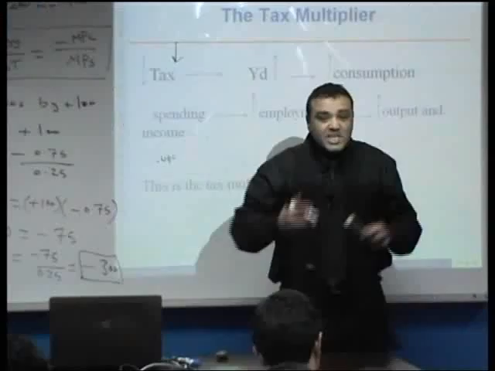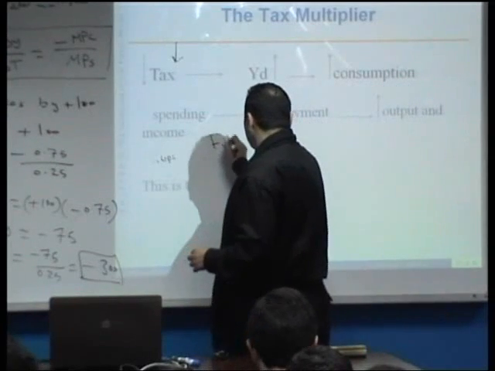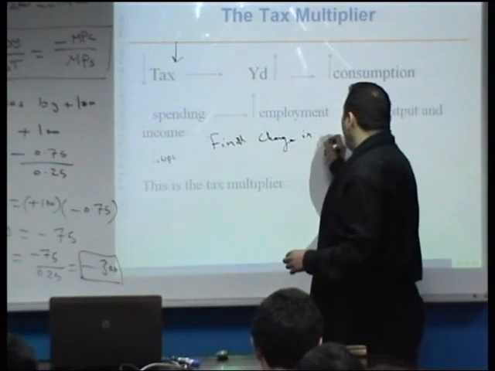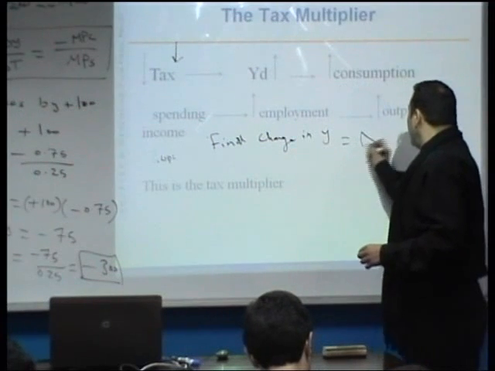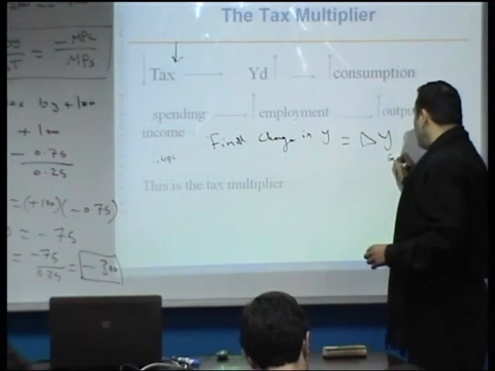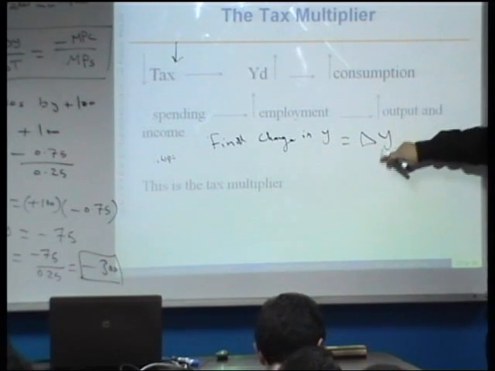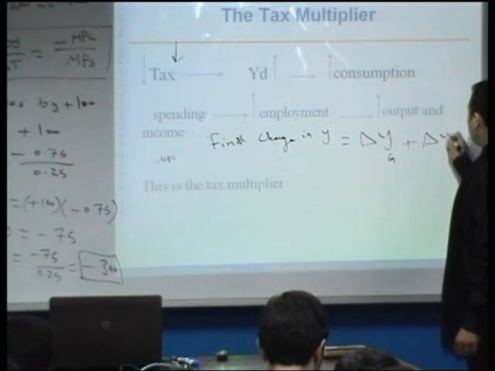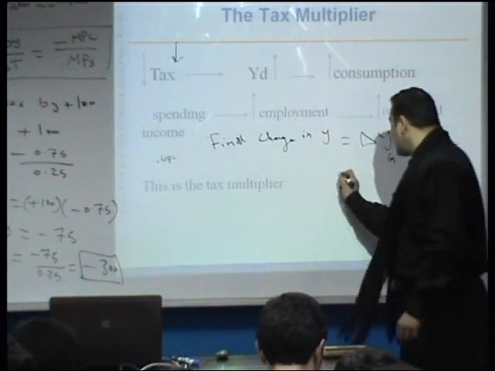The final change in the aggregate output equals delta Y G, the change in the aggregate output due to the increase in government spending, plus the change in Y due to the increase in taxes. So it equals what?